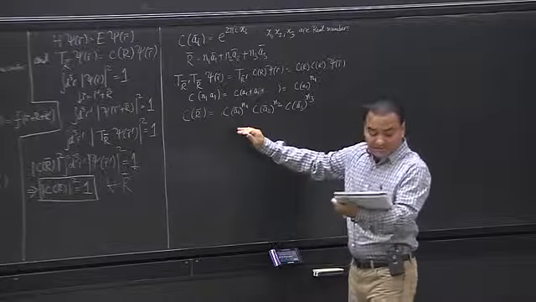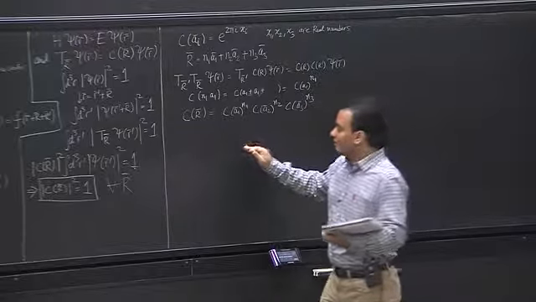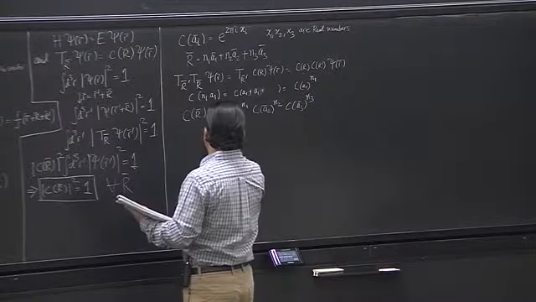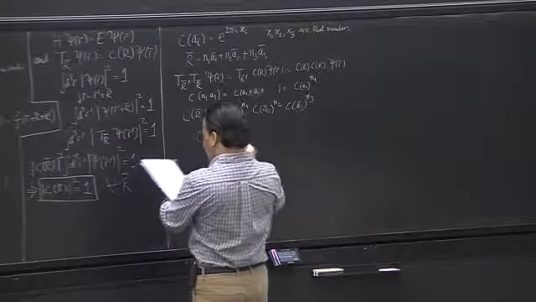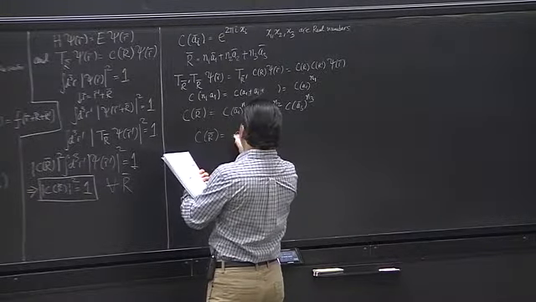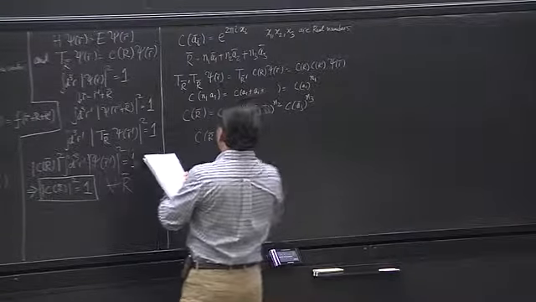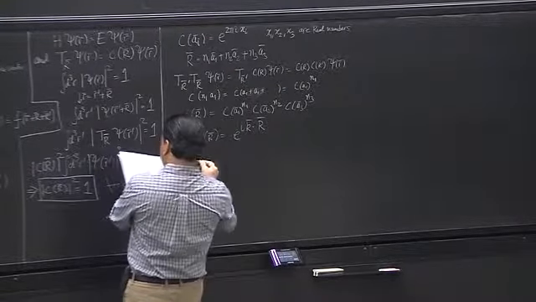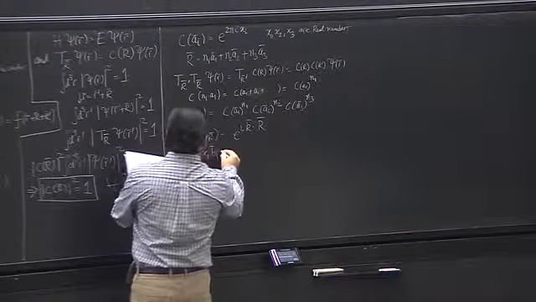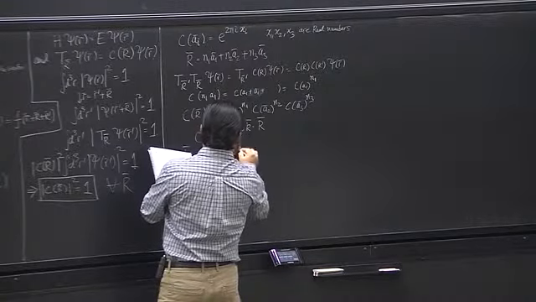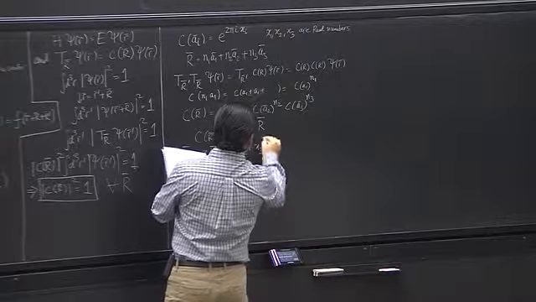Now this is precisely equal to C of R being e to the power i k dot R, where k is x1 b1 plus x2 b2 plus x3 b3.